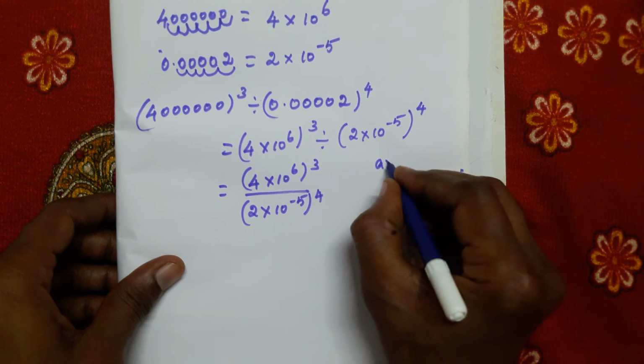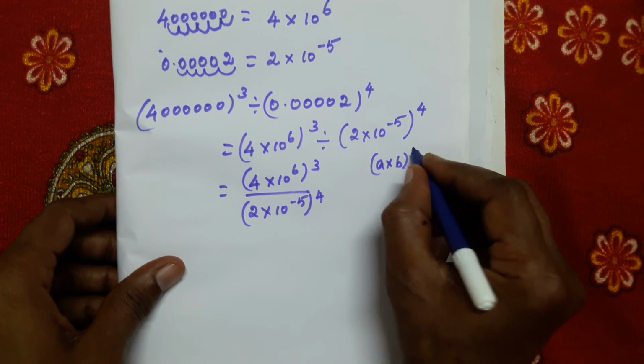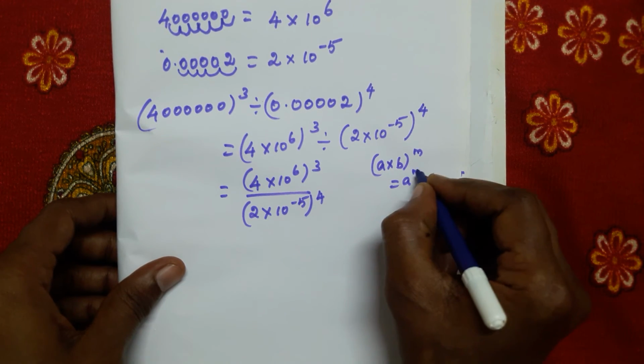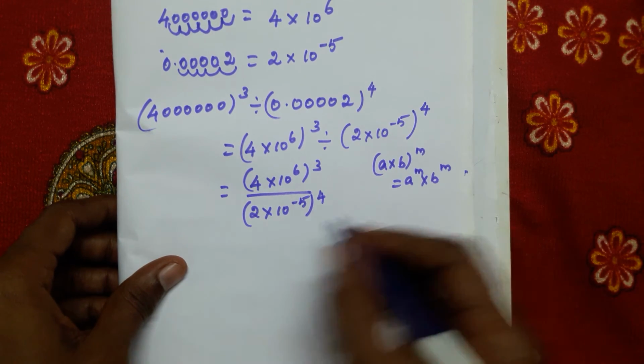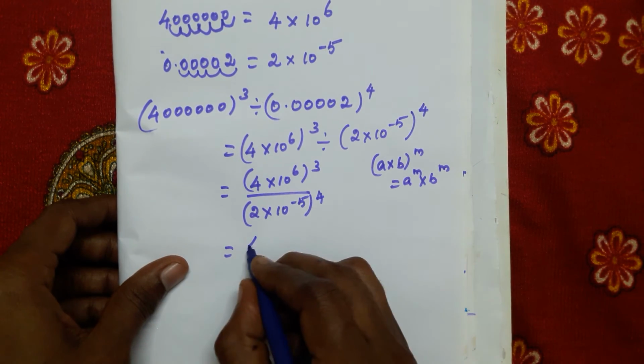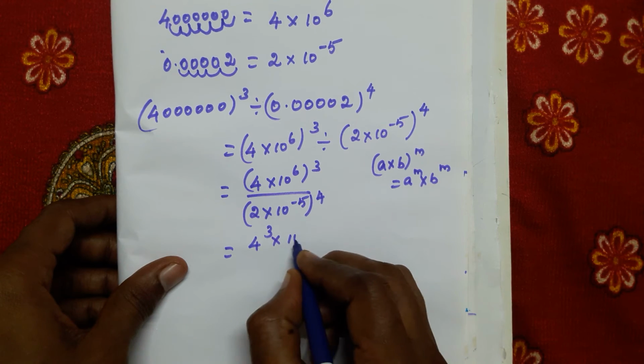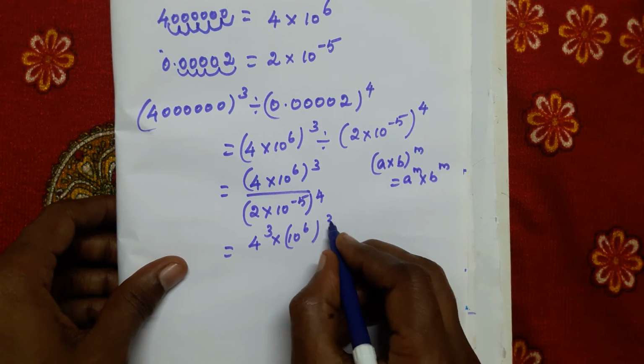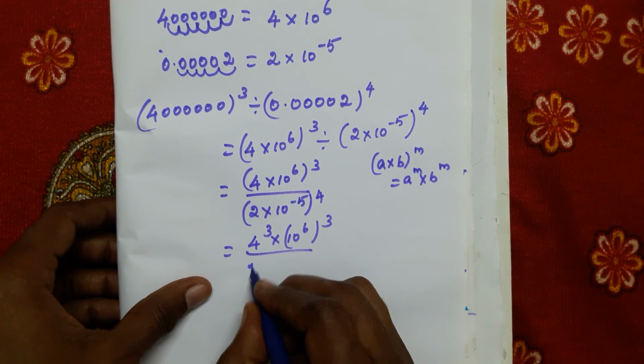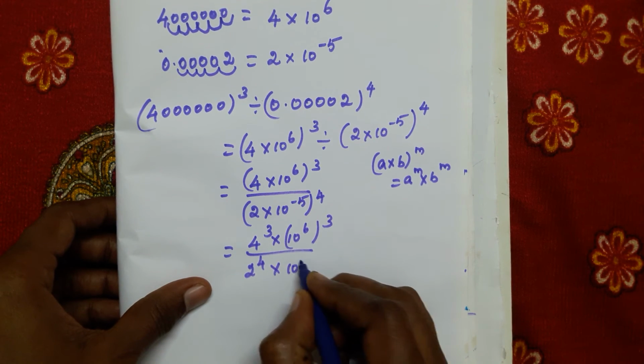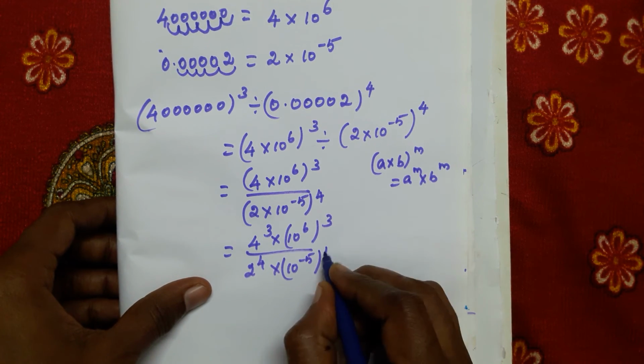When we use this property, a into b the whole power m is equal to a power m into b power m, what are we getting? 4 power 3 into 10 power 6 the whole power 3 divided by 2 power 4 into 10 power minus 5 the whole power 4.